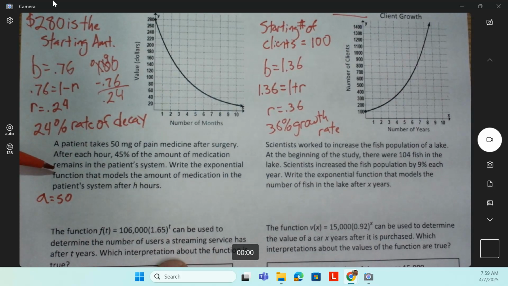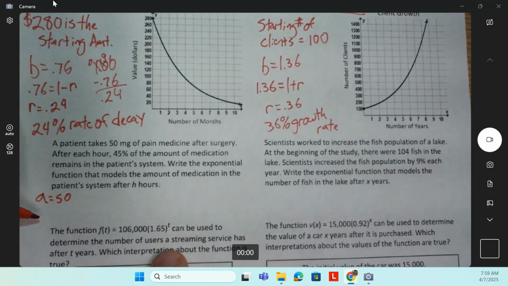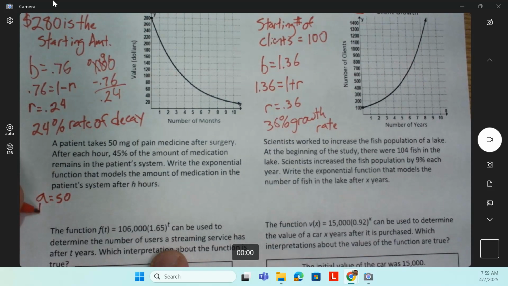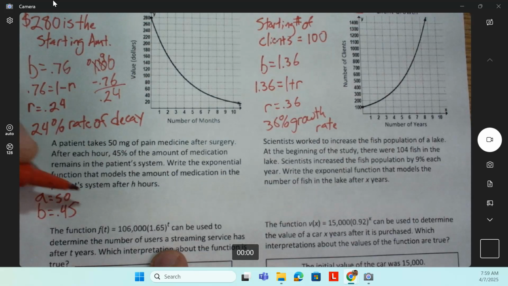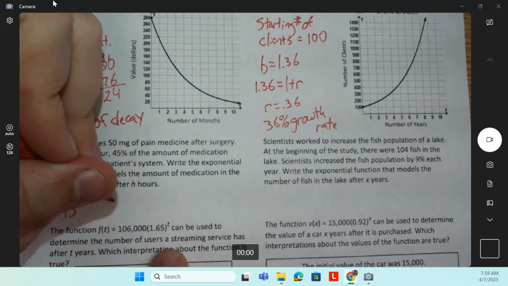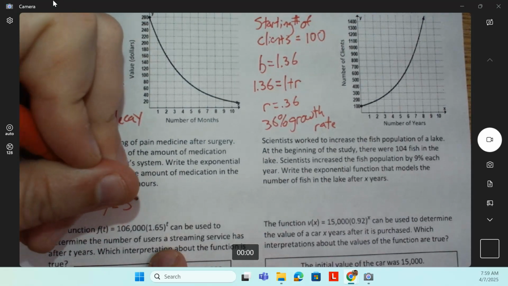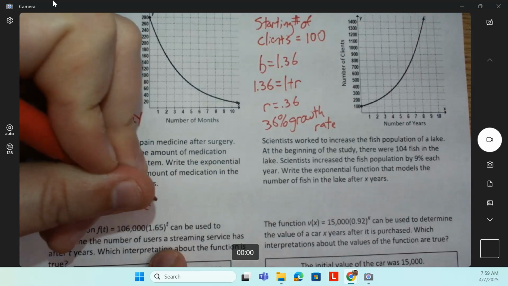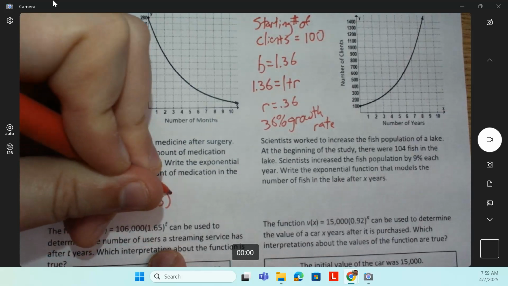It says that's the amount that remains. So the b value is actually going to be 0.45, which means I could just write my equation and say y equals 50 times 0.45 to the x power.